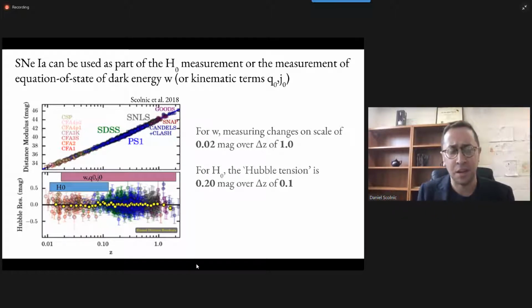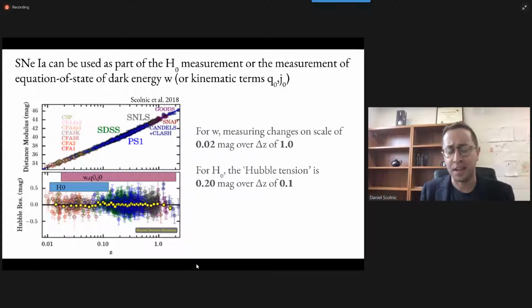What you can see in this figure, and so far I've only shown old plots, is that when trying to measure w, you use a large redshift range, and you're looking for a small signal on a scale of about 0.02 mag. Over that large redshift range, a lot can change. You could have different surveys, different filters. You have to worry about evolution.